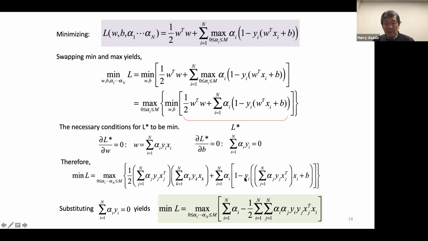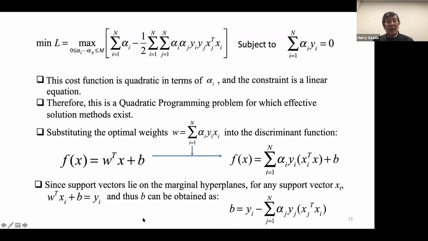This is 1/2 and this is 1. So the remaining part is minus 1/2 of this term. This is something we want to maximize with respect to alpha, which minimizes the overall L. We maximize this subject to this constraint.